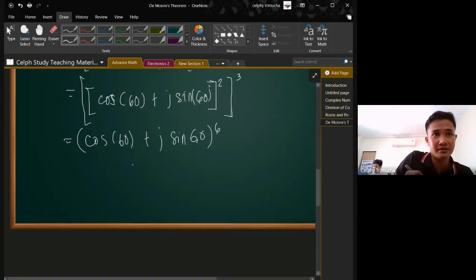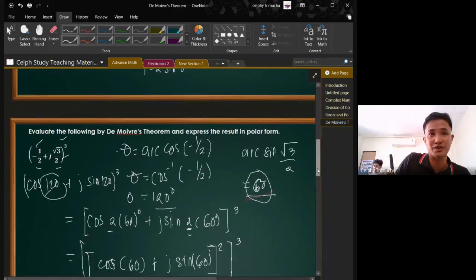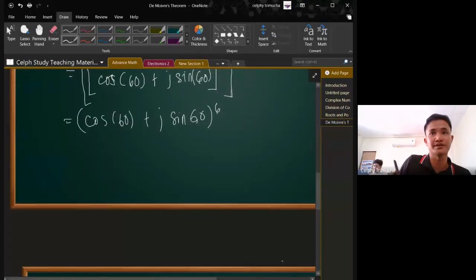Next, we need to express our answer in polar form, based on the instruction. Start by converting this into exponential form.